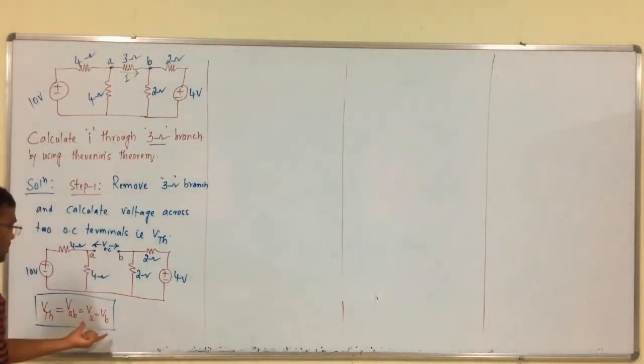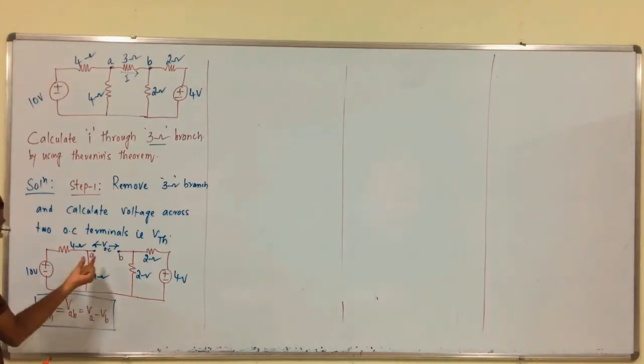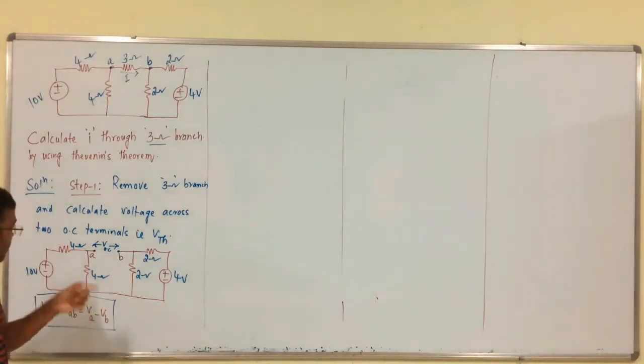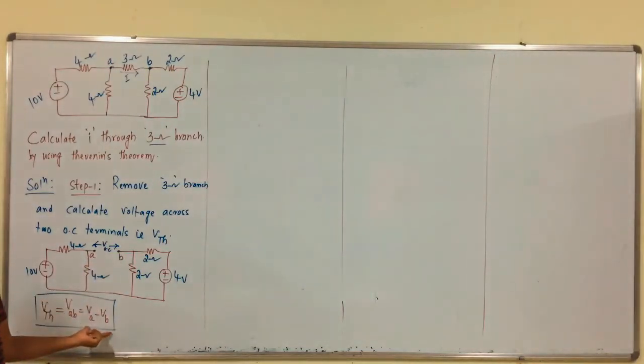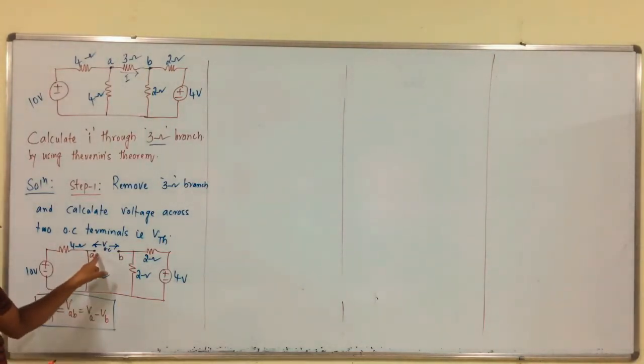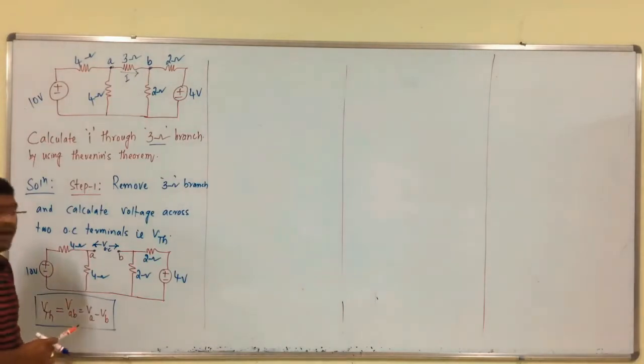The potential difference between those two terminals is nothing but Thevenin's voltage. So, our target is to get VA and VB, and finally subtract those values.